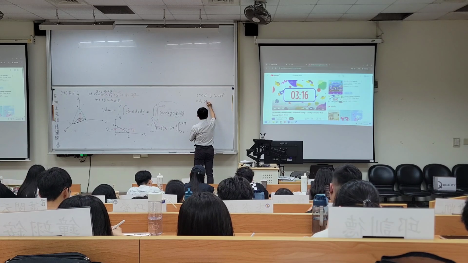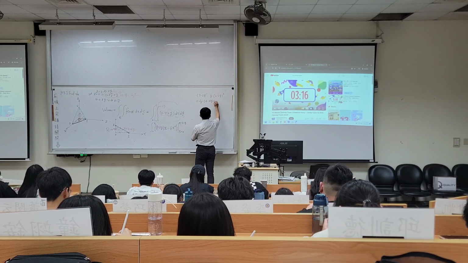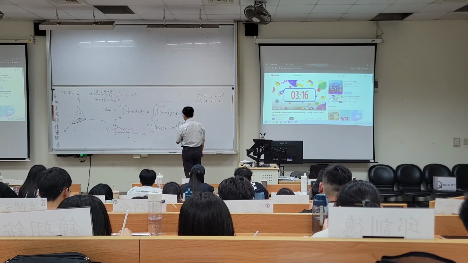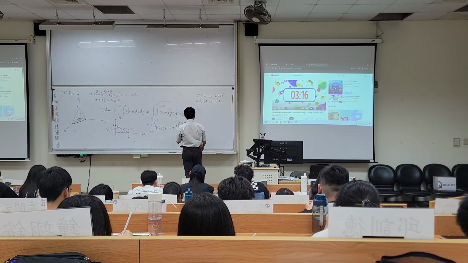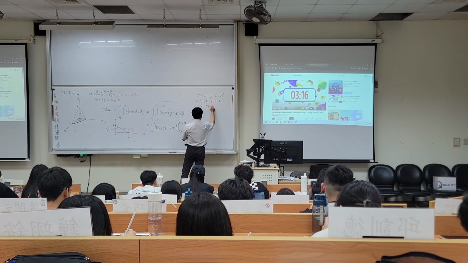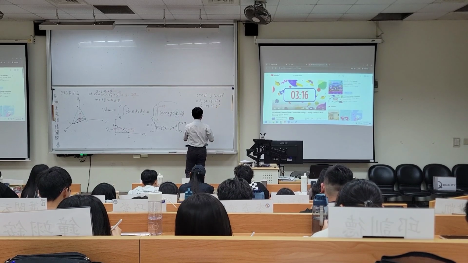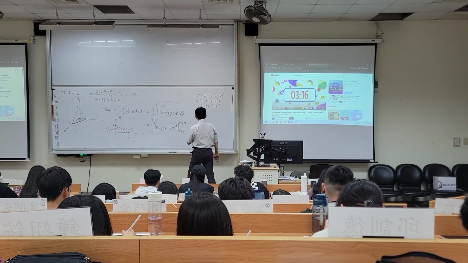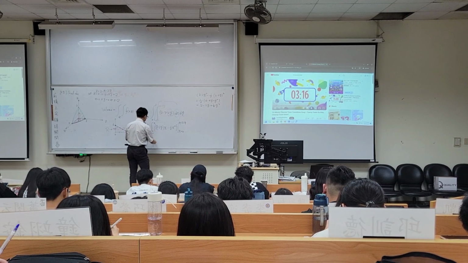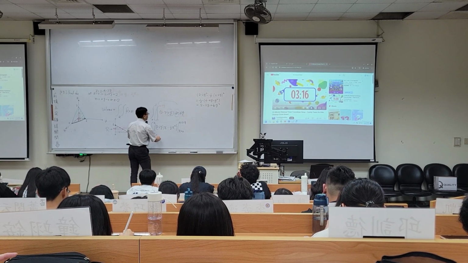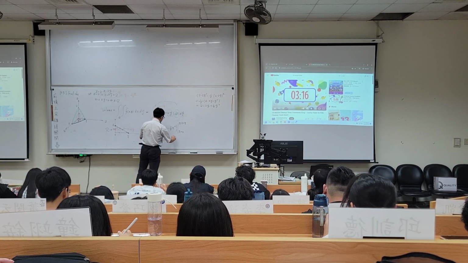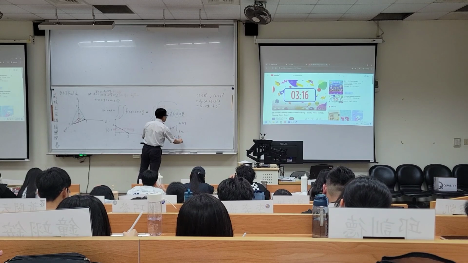So I integrate from 0 to 1 of 2 minus 2y plus 1/2 y squared dy.